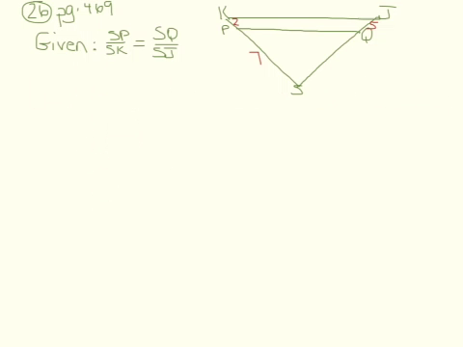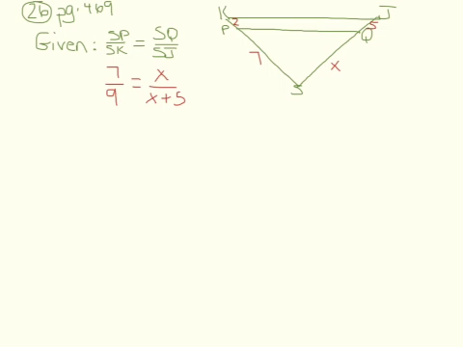Okay, on page 469, number 26, they've given us a proportion to set up. They're telling us that SP over SK can be set up as SQ over SJ, and then they've given us some numbers, so we're just going to fill those into our proportion.